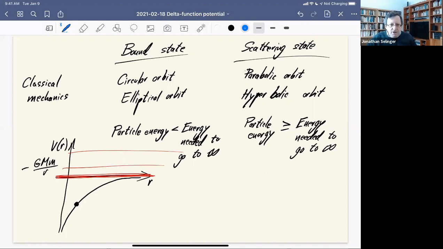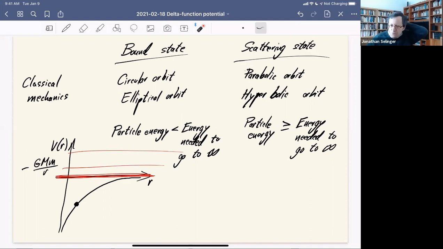The same gravitational potential energy can have circular and elliptical orbits, which are bound, and parabolic and hyperbolic orbits, which are unbound, they're scattering. So the same potential energy can do both of those things. And so it stands to reason that in quantum mechanics, maybe the same potential energy can do both of those things also.